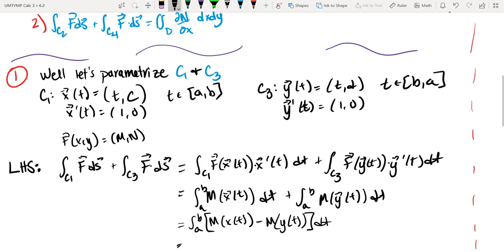So just to clarify this further, when we do the composition with the parameterization, this is going to be the integral from a to b of M of (t, c) minus M of (t, d) dt, okay, and that's where I'm going to leave that for right now.